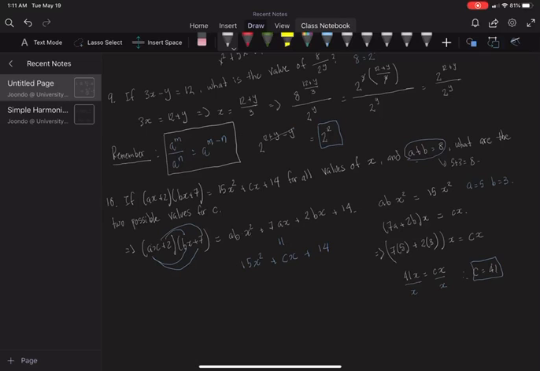So yeah, that's how you find c. And let me see, 7ax, 2bx.